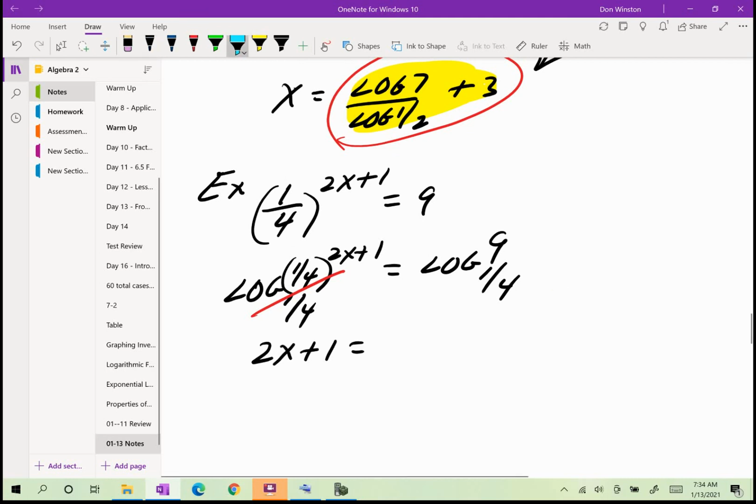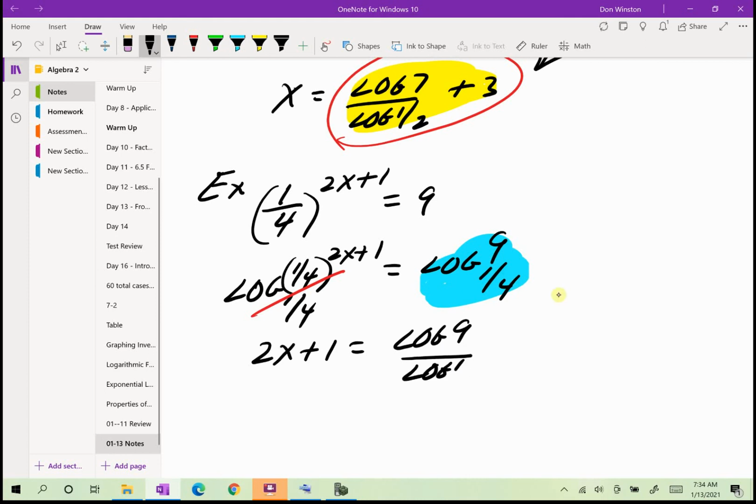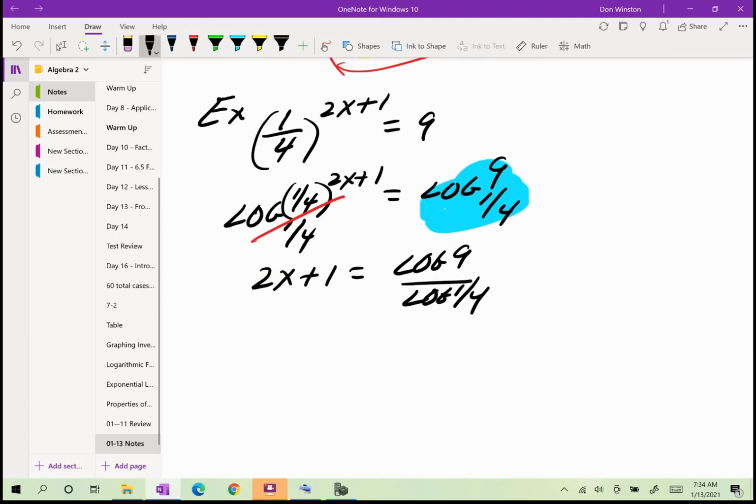I'll convert this to common logs. Change of base using common logs. So this will be common log of 9 divided by the common log of 1/4. So what I have to do first, I have to subtract 1, so I'll have 2x equals the common log of 9 divided by the common log of 1/4 minus 1, because I subtracted 1.